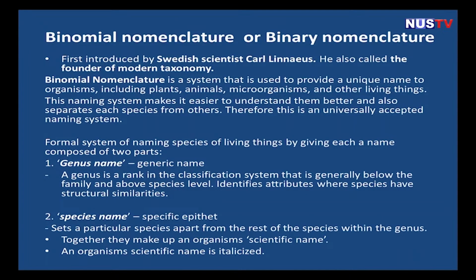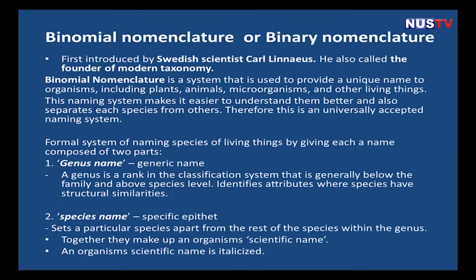The genus name, or the genus, is a rank in the classification system that is generally below family and above species level. It identifies attributes where species have structural similarities. So if you think about whereabouts is genus and species within the organization structure, you can always think back from domain, which is the largest part of the organization structure, to the more specific and smaller group of living things, which is the species.